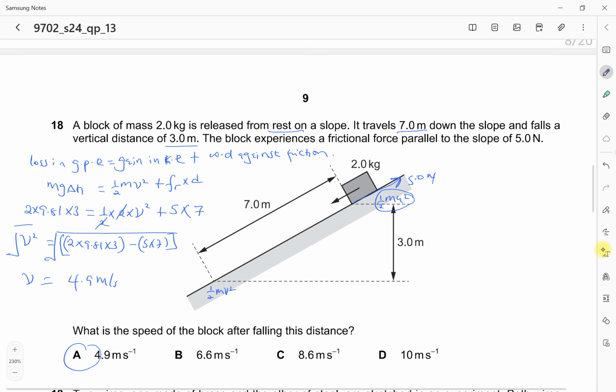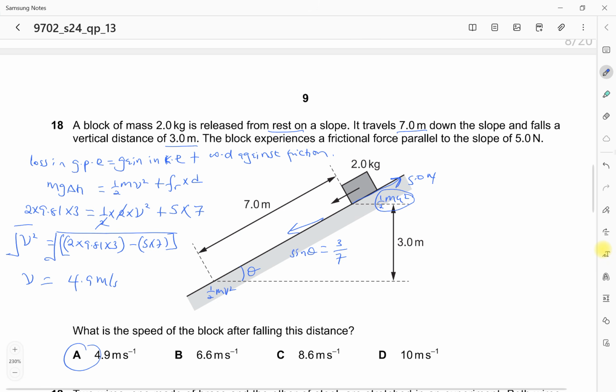Of course, I'm also going to use equations of motion, but I'll need to find the acceleration. So I will need a force acting downwards to move the mass downwards. I'm going to call this angle theta, and sine of theta is the opposite, which is 3, divided by the hypotenuse, which is 7.